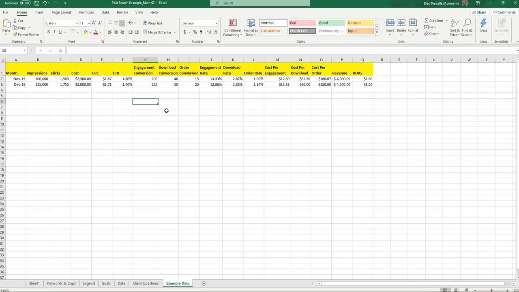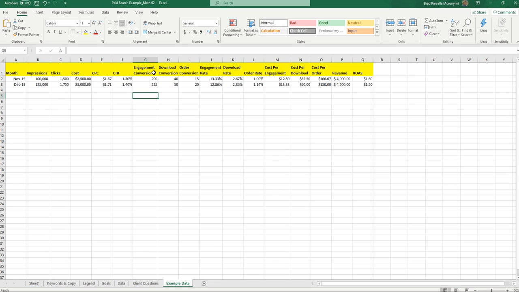They're very simple conversions. They might lead to an end purchase, but they're at the top of the funnel. And let's say, for example, this engagement conversion is considered time on site. So let's say an engagement conversion is triggered when somebody has been on the site for more than 2 minutes.